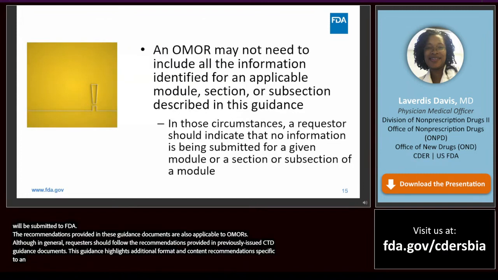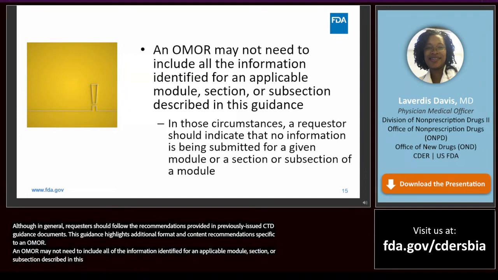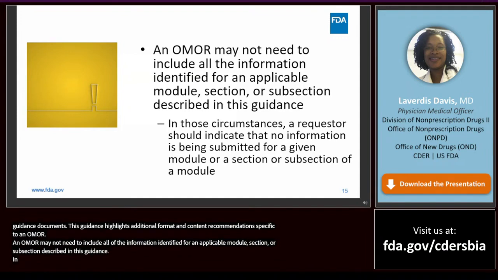An OMOR may not need to include all the information identified for an applicable module, section, or subsection described in this guidance. In those circumstances, a requester should indicate that no information is being submitted for a given module or a section or subsection of a module.